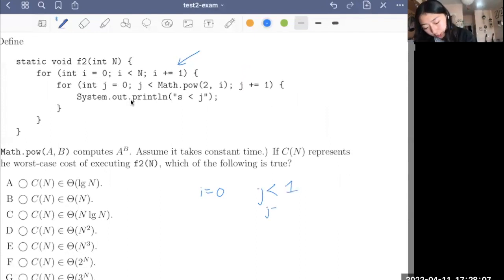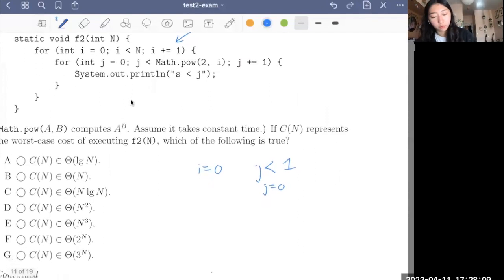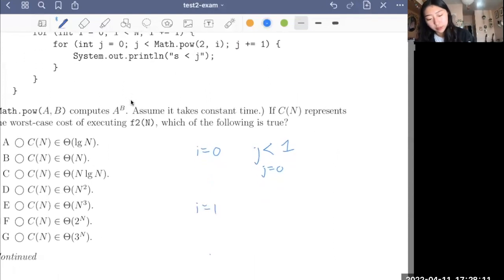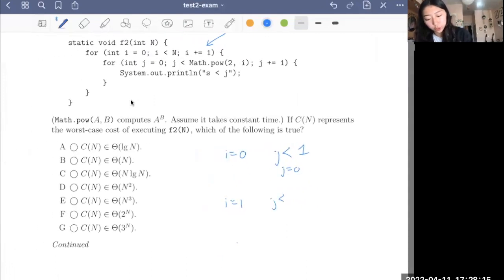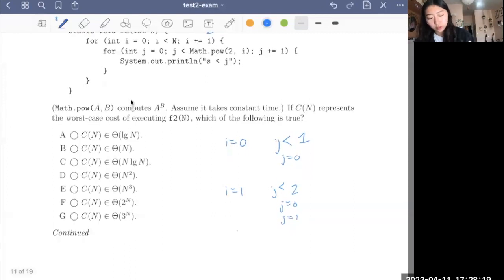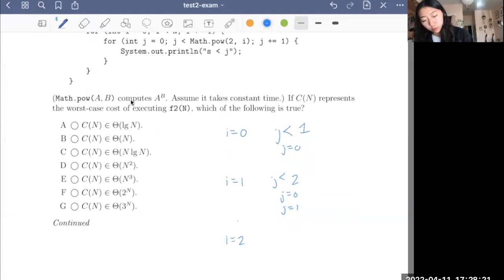And so all we do is look at j equals 0, right? What about when I equals 1? Then we're going to go until j is less than 2 to the 1, which is 2. So we look at j equals 0, j equals 1. When I equals 2, we go until 2 to the 2, or 2 squared, which is 4.